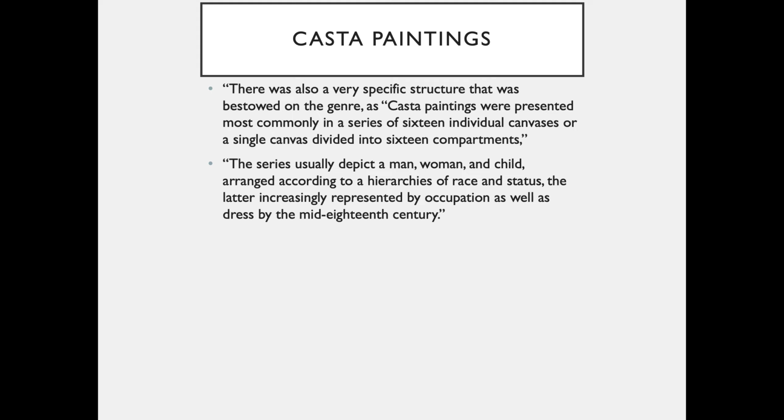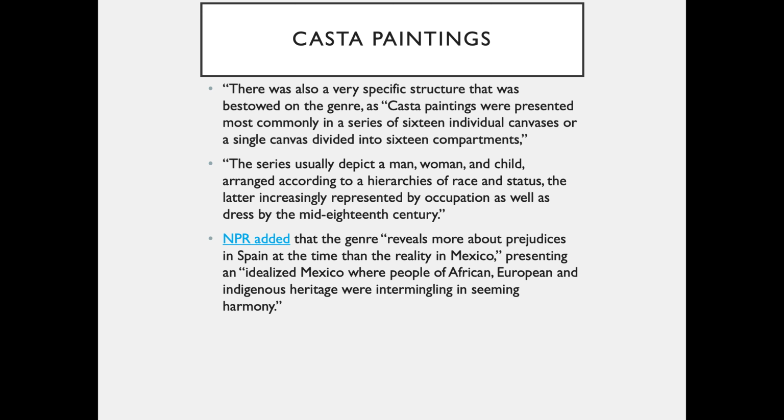The series usually depicts a man, woman, and child, arranged according to the hierarchies of race and status, the latter increasingly represented by occupation as well as dress by the mid-18th century. The genre reveals more about prejudices in Spain at the time than the reality in Mexico, presenting, quote, "an idealized Mexico where people of African, European, and indigenous heritage were intermingling in seeming harmony."